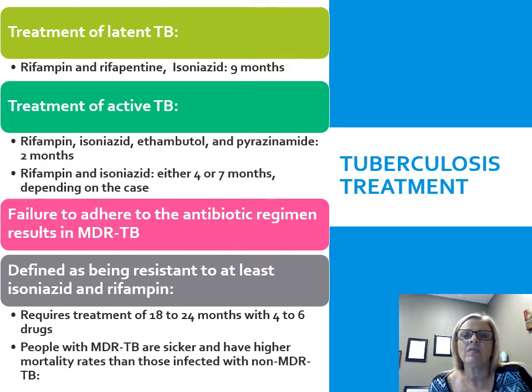So we have resistant forms. MDR TB is resistant to some medications like rifampin. You are going to need to be treated for 18 to 24 months with 4 to 6 different medications if you obtain tuberculosis.